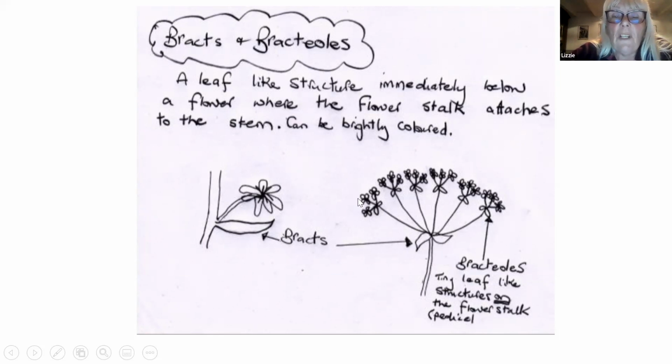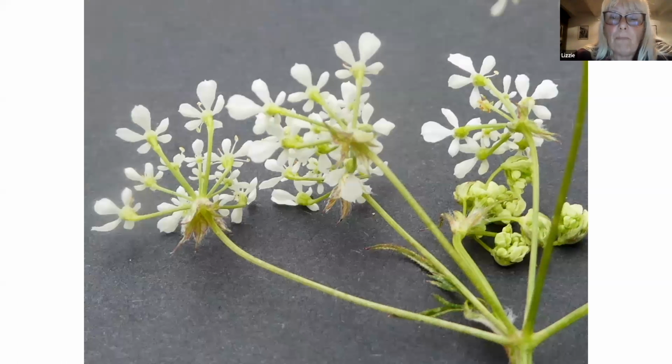You might get them on the top of these stalks, where you get little clusters. They're called bracteoles. If you get "ole" on the end of the word, it means mini or little. It's a diminutive term. So if there's bracts present, they're here. The bracteoles might be at the base of these little mini rays, because that's what's called a compound umbel.